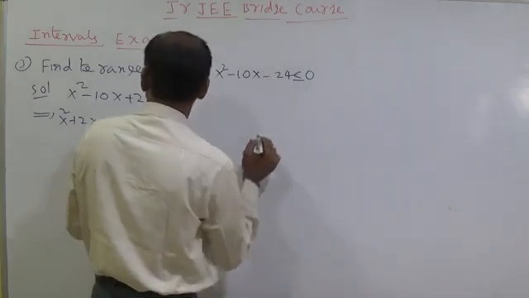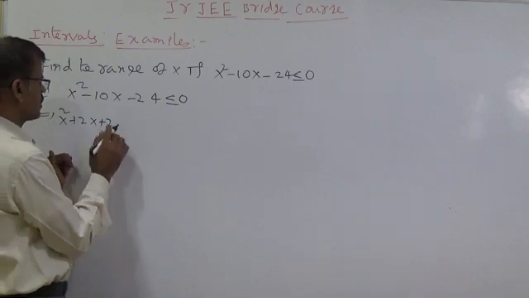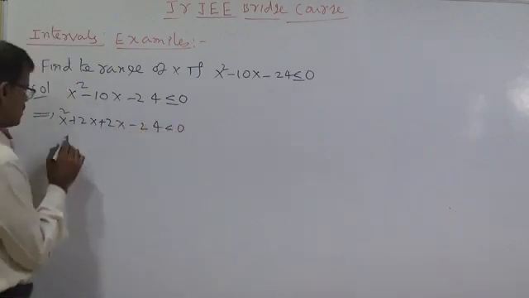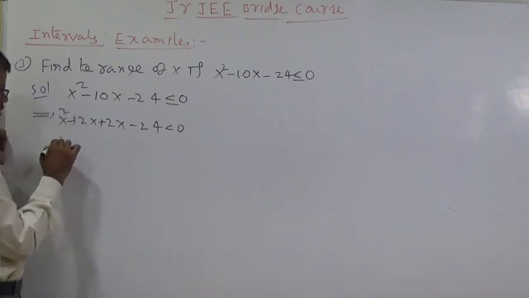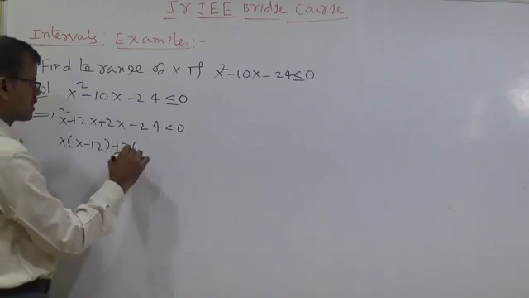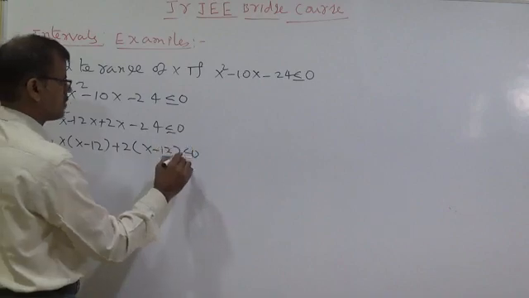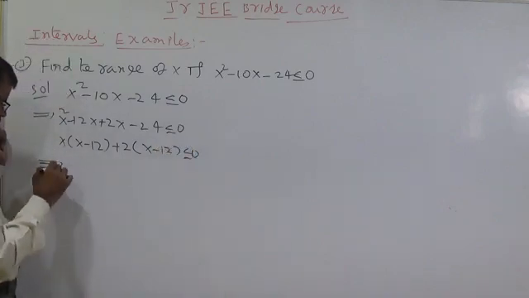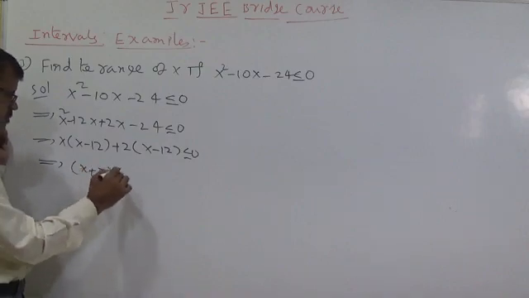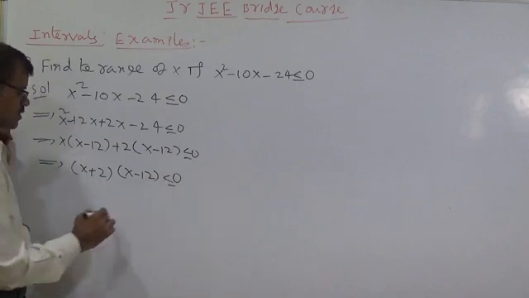Better to put minus here: x square minus 12x plus 2x minus 24 less than or equal to 0. x taken common, within the brackets x minus 12, plus 2 taken common, x minus 12 less than or equal to 0. That implies you can write this as x plus 2 into x minus 12 less than or equal to 0.